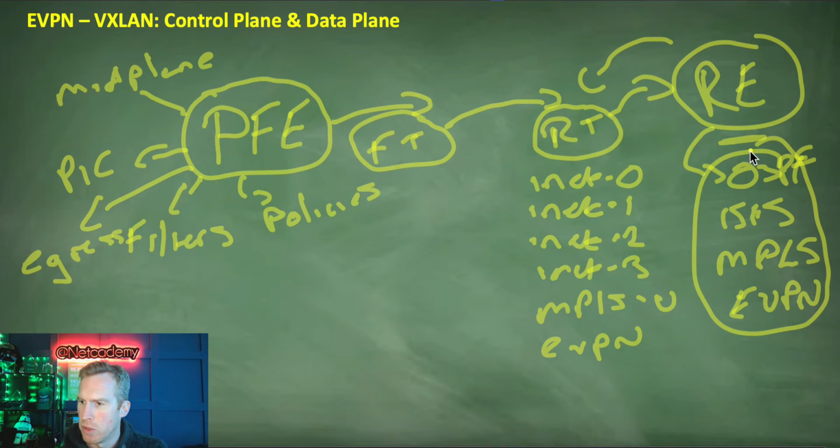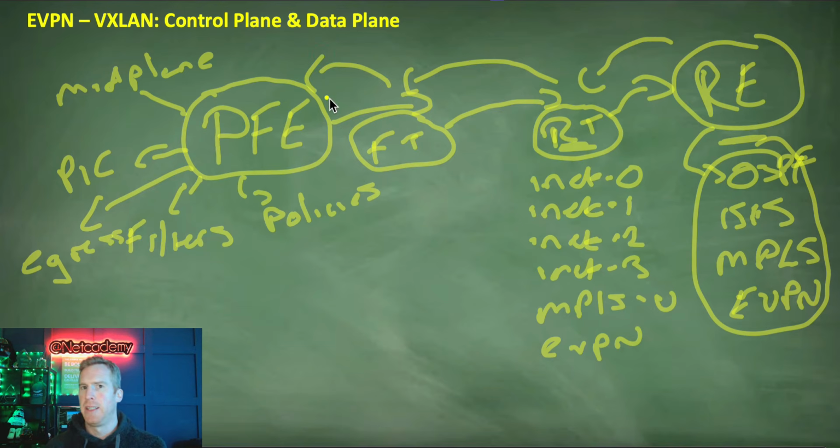Once all those routes are entered into the routing table, we add the best path into the forwarding table. And then the packet forwarding engine is fed from the forwarding table: this is the destination, this is the egress interface, these are the policies and filters you need to apply, etc.